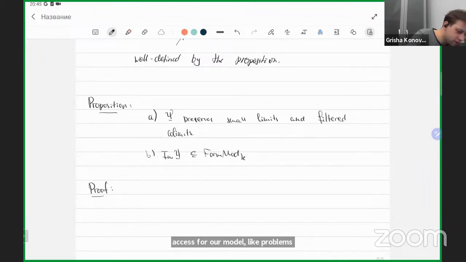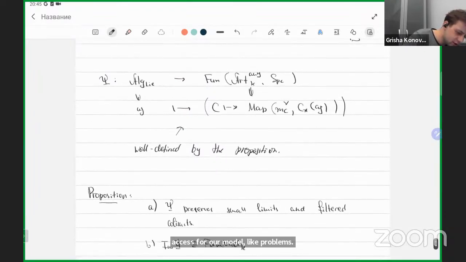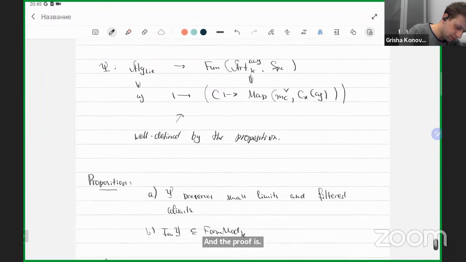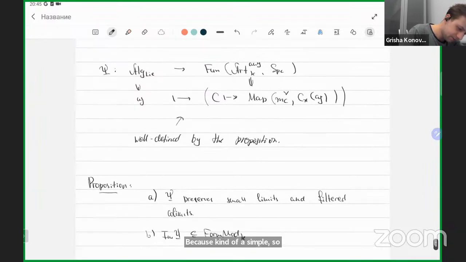And the proof is kind of simple. So limits.